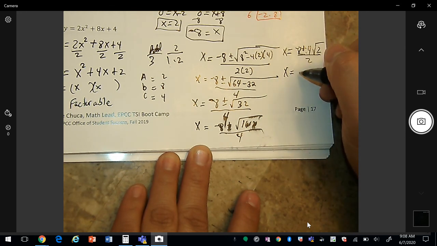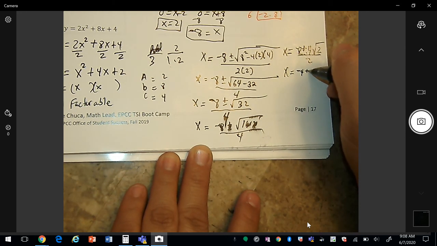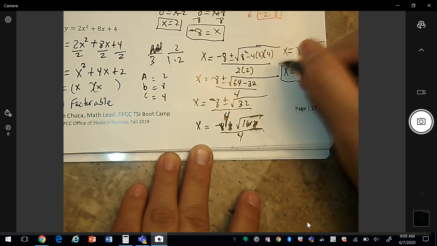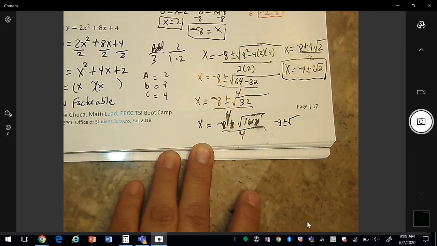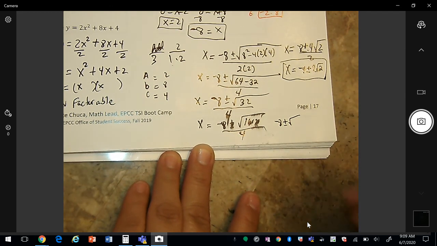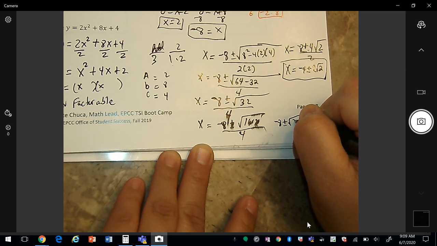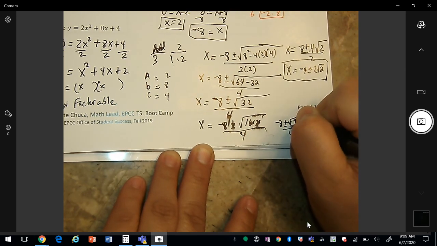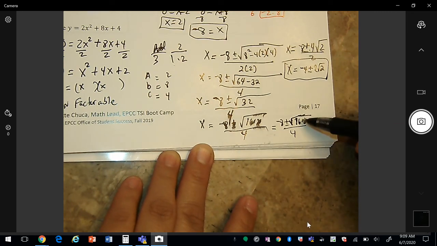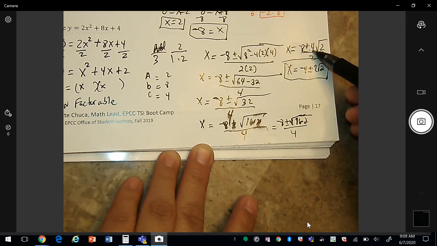Negative 8 divided by 2 is negative 4, plus or minus 2 square root of 2. And again, the square root of 16 just comes out as a 4.